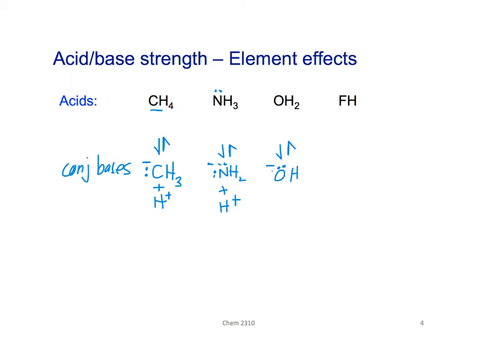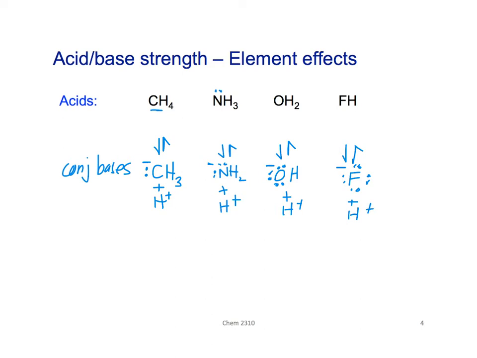Now, oxygen has 3 pairs of non-bonding electrons. And we do the same thing with hydrofluoric acid. We get F minus. Fluoride has a complete octet around it, plus H plus.